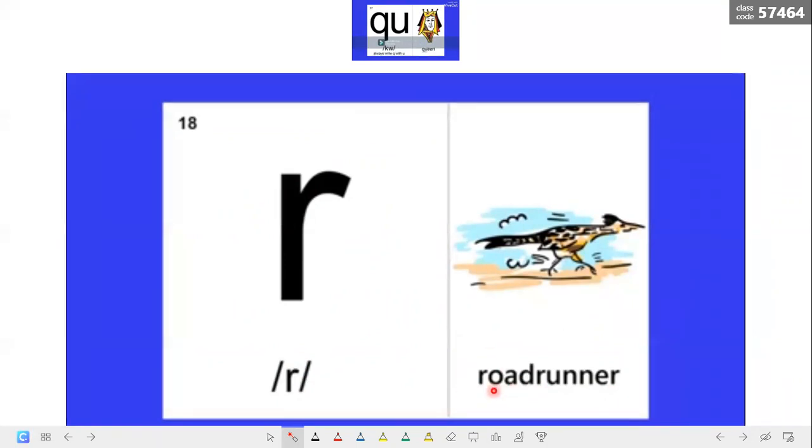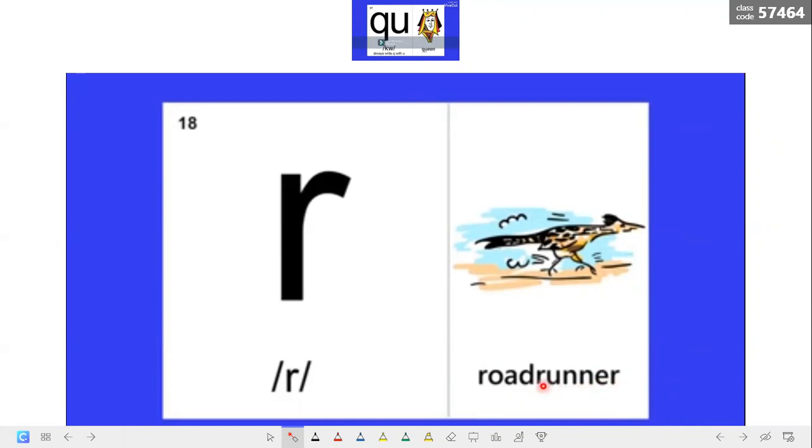At the beginning of the word in British English, we pronounce the R sound, road. It's okay. We produce it. It is pronounced. It is prominent. But it's not pronounced at the end of the word unless it is followed by a vowel. So we say runner, runner. This is in British English.